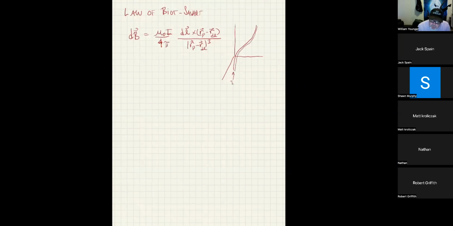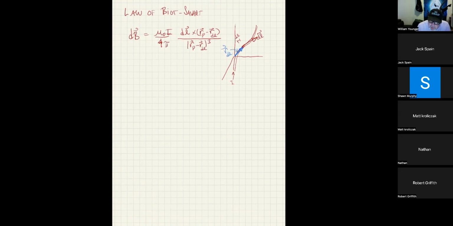What you want to do is have a little differential element of length right here, whose length is dl, and whose vector dl is tangential to the line along the current. Notice it's actually pointing in the same direction as the current. Now there is a vector that points to that element that we call the vector r sub dl.